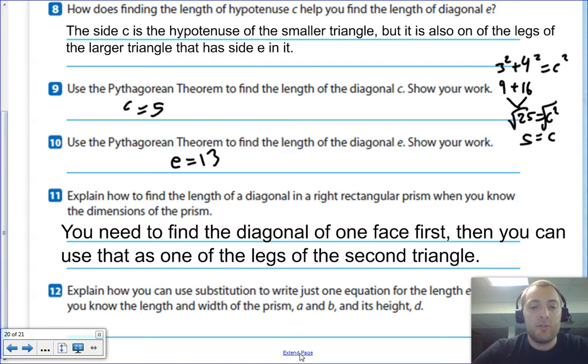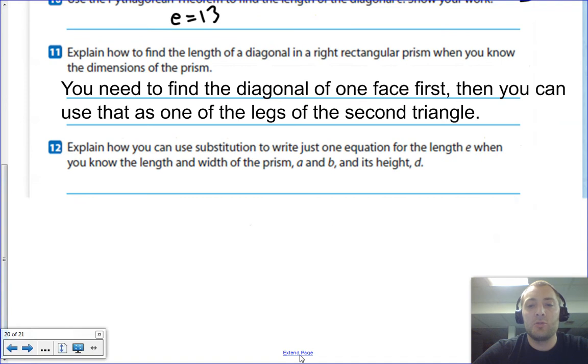All right, number 12, explain how you can use substitution to write just one equation for length E when you know the length and the width of the prism A and B and its height D. So this is where it gets a little bit tricky.